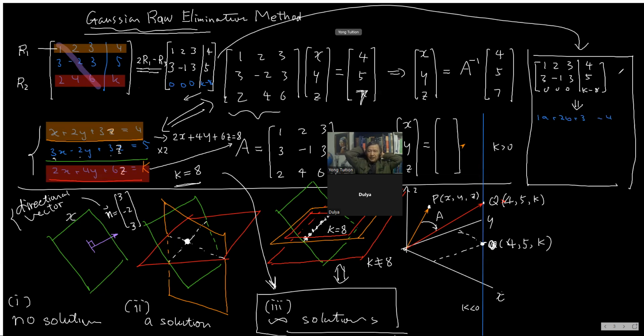You can use ABC or X, Y, Z, it's okay. So the third equation is k equal to 8, isn't it?